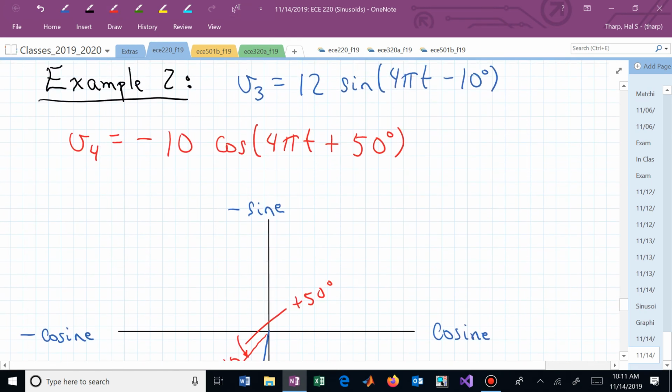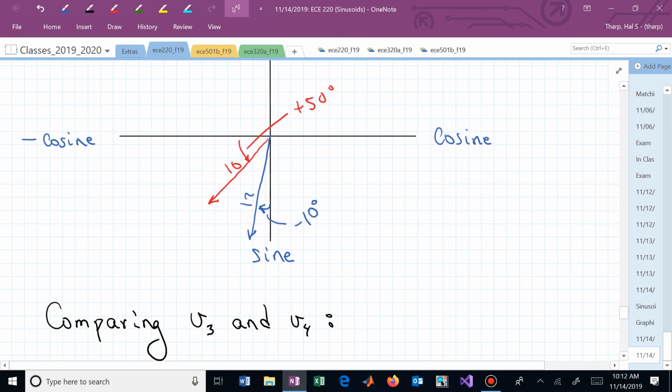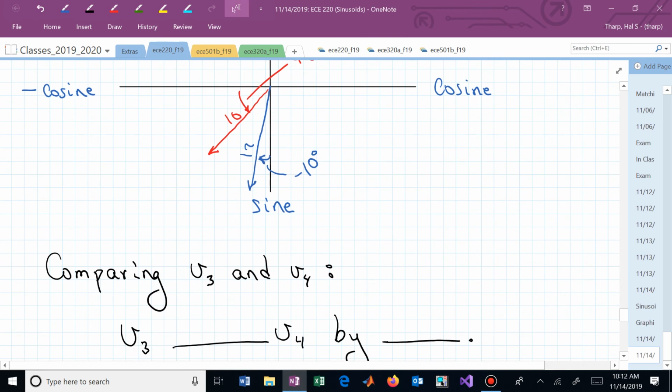Meaning, if you were just looking at these and somebody said, well, which one's leading and which one's lagging? I don't know. One's negative and one has a positive angle, one's negative angle. I don't know. But now, with this graphical tool, do you see which one is where relative to the other one?